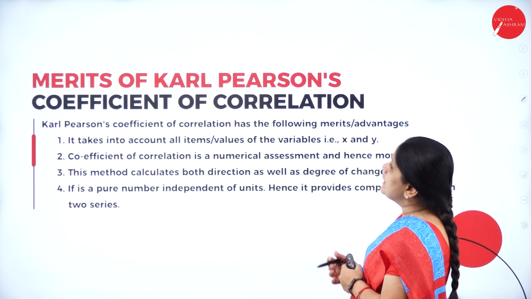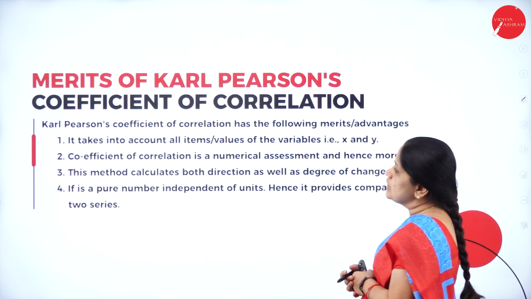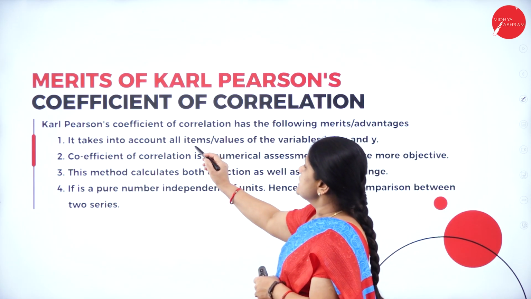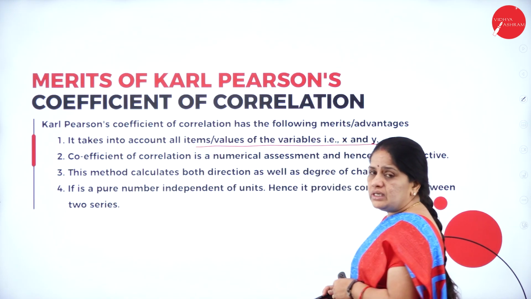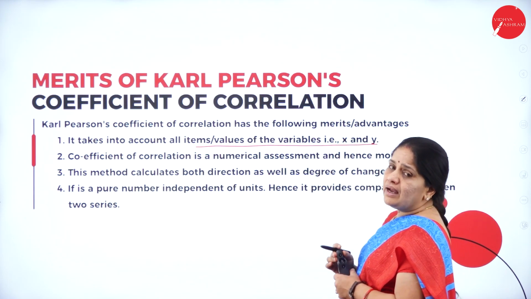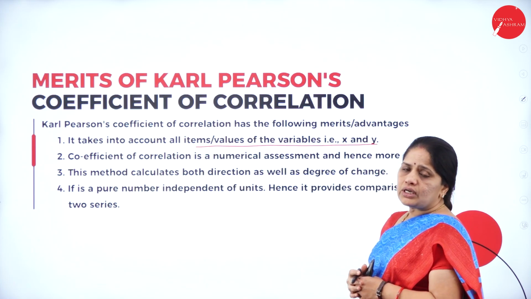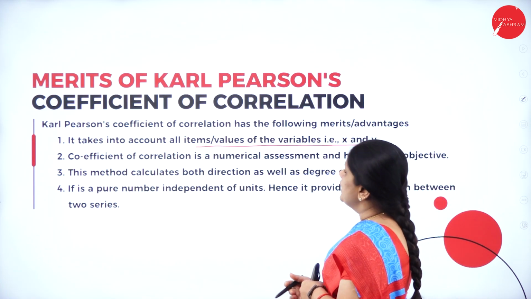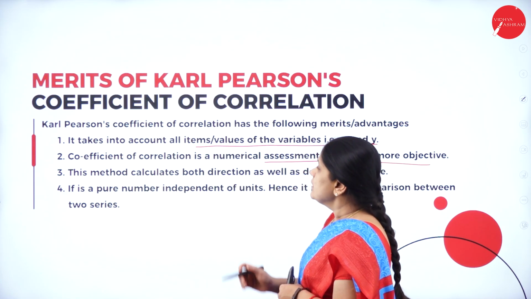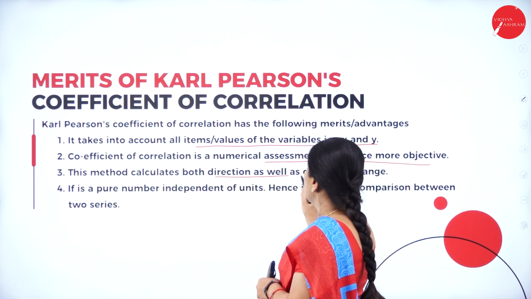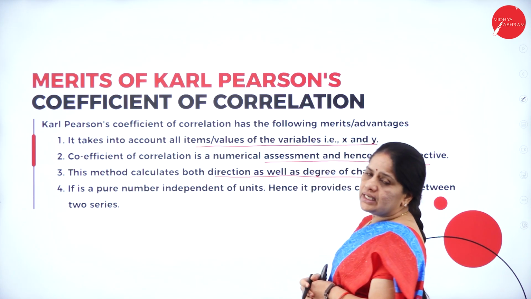Next one is the merits of Karl Pearson's coefficient of correlation. So it takes into account all items of values of the variable. So it is an important thing because it is taking into consideration all the values. Then it is a numerical assessment and hence more objective. So this method calculates both direction as well as degree of change.